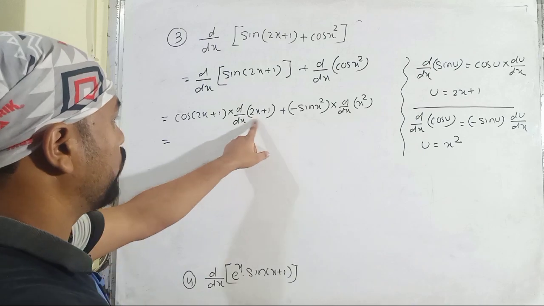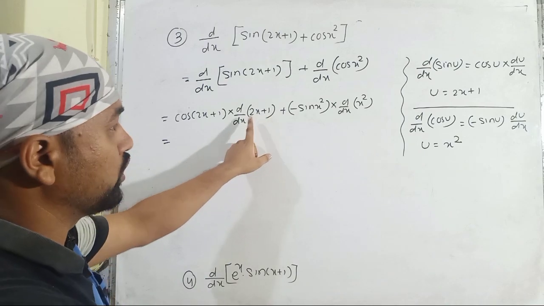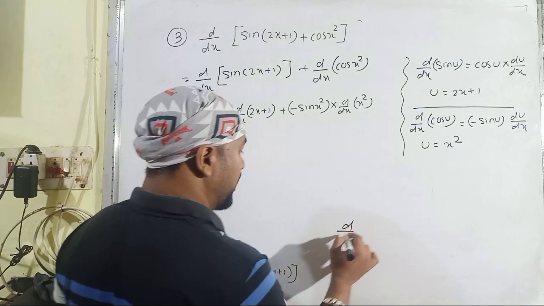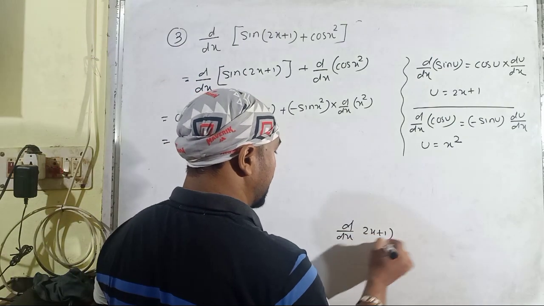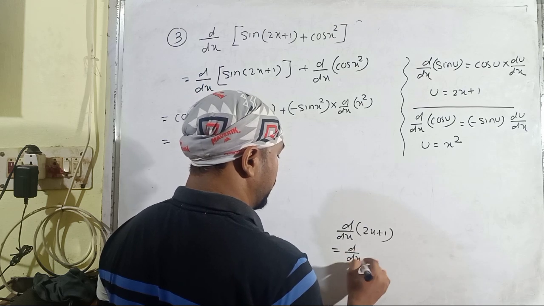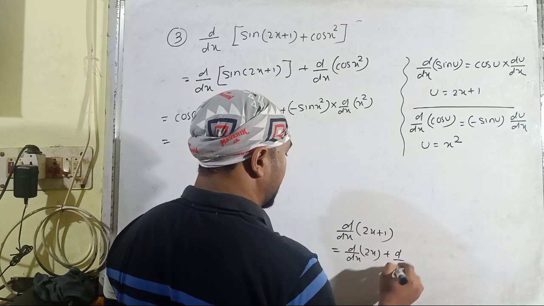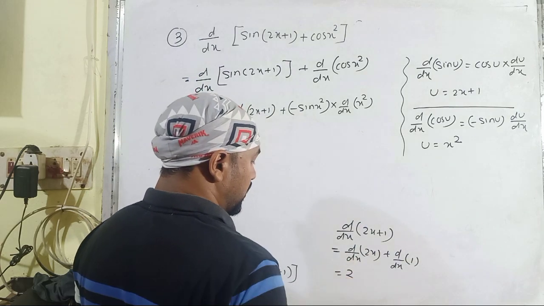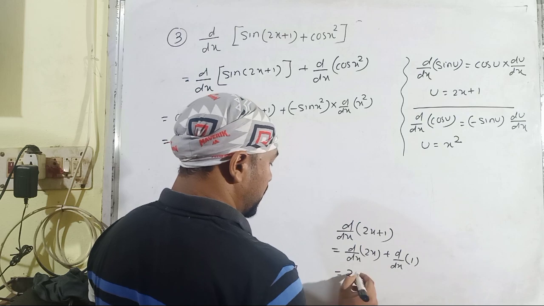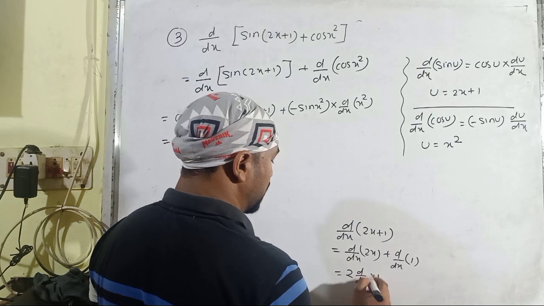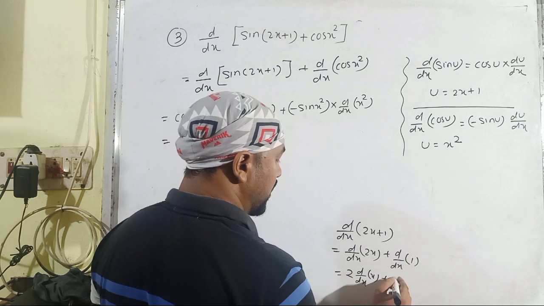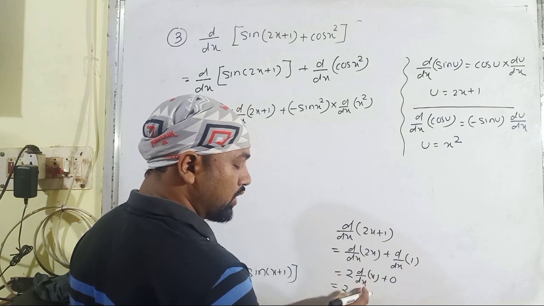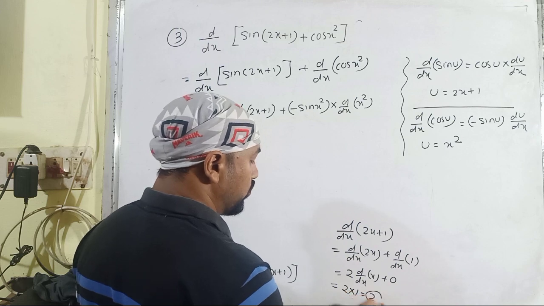Then differentiation of 2x plus 1 is differentiation of 2x plus differentiation of 1. Taking 2 outside the operation, it will be 2 times differentiation of x with respect to x plus differentiation of 1, which is 0. Differentiation of x with respect to x is 1, so it will be 2.